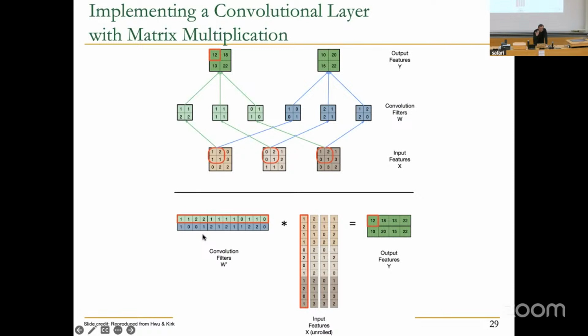But you could also lay out this filter in a horizontal vectorized fashion. So this filter right now is collapsed into a vector 1, 1, 2, 2, as you can see, and then 1, 1, 1, 1, and then 0, 1, 1, 0. And then you also put the other filter over here. Now this looks like a matrix. It's really a row of different vectors, weights. And then you multiply it with the input features that are unrolled.